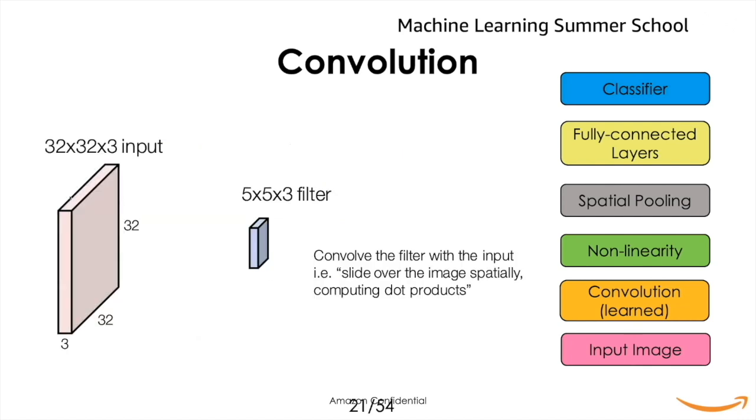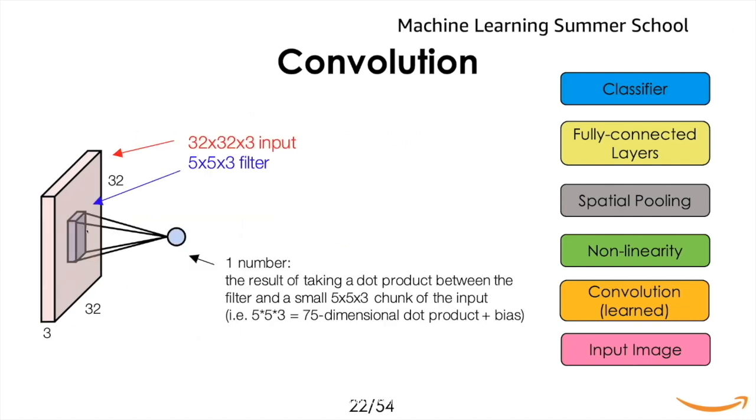So suppose you have an input image of 32 cross 32 cross 3. Your filter will be of the size 5 cross 5 cross 3. And the depth of the filter usually matches the number of channels in the input. Okay. So you perform the convolution. At each location, you multiply all the elements of the filter with the corresponding elements at the location at which the filter is placed in the image, and you get a single output.